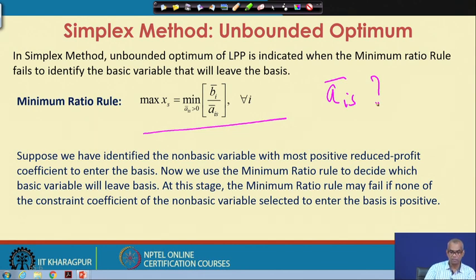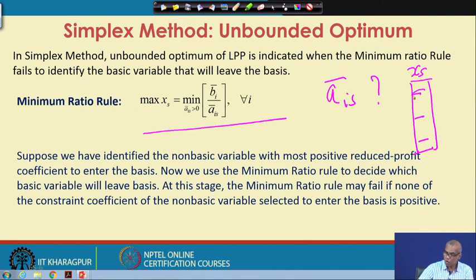Ais bar are the constant coefficients of the non-basic variable that has been chosen to enter the basis.